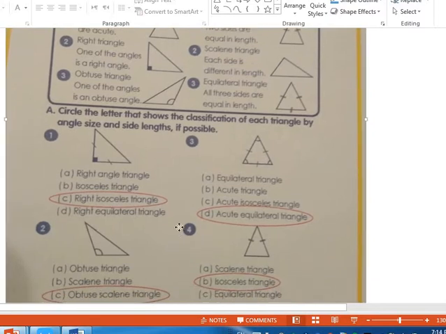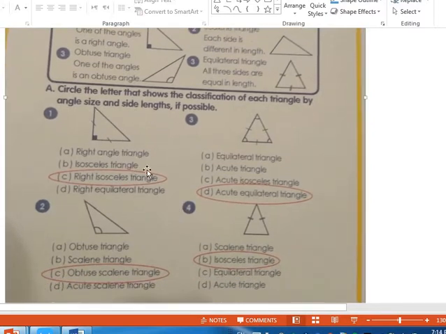Here, circle the right option. So here it's not only right, it's a right isosceles triangle: right angle triangle according to the angles, and isosceles according to the length.